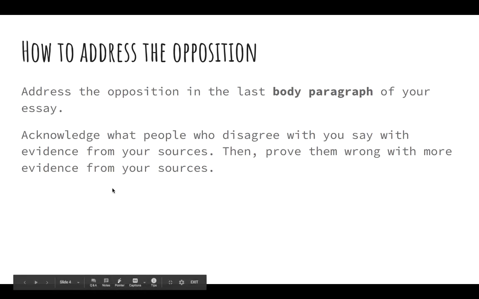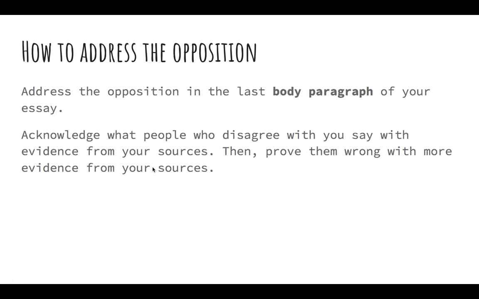Okay? So again, you're going to acknowledge what people who disagree with you say, right? With evidence. Remember, this is a source-based argument. So all of your evidence, all of your ideas is coming from that packet that I gave you. Okay? Then you're going to prove them wrong with evidence from your sources.